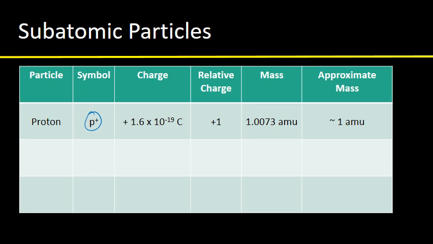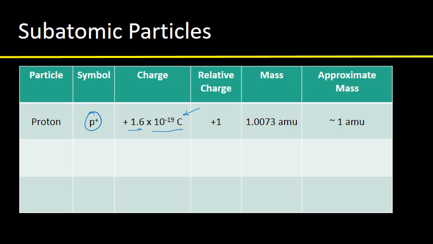Coulomb is an SI unit of charge. And in an atomic species, everything comes in units of 1.6 times 10 to the negative 19 coulombs. So something could have a charge of 1.6 times 10 to the negative 19 coulombs, or if you had 2 protons, it would be 3.2 times 10 to the negative 19 coulombs. If you had 3, it'd be 4.8 times 10 to the negative 19 coulombs.